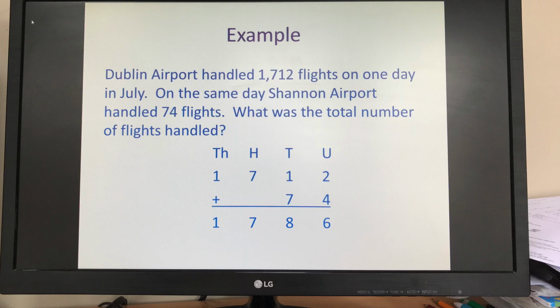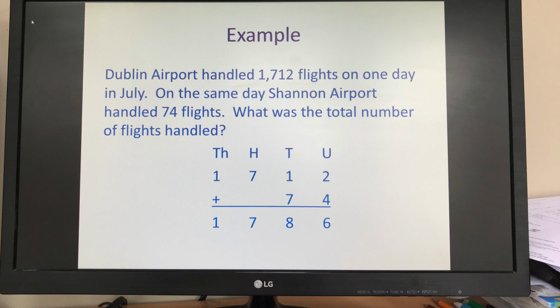I draw my line underneath, put in my plus sign, my symbol for plus, and working from the right, I add my numbers across. So add your 4 and your 2, gives you 6, write down your 6. 7 and 1 gives you 8, write down your 8.